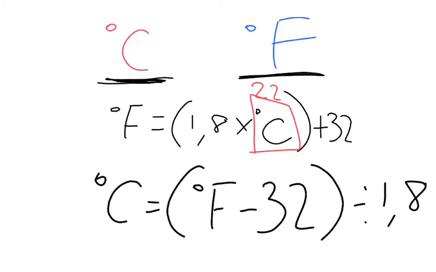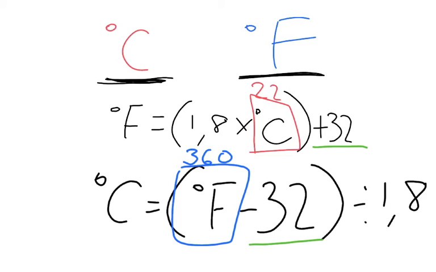And again, wherever you see that F, that's where you put in your degrees Fahrenheit. So if it said cook at 360 degrees Fahrenheit, you'd put that in place of the F and then work out the sum.